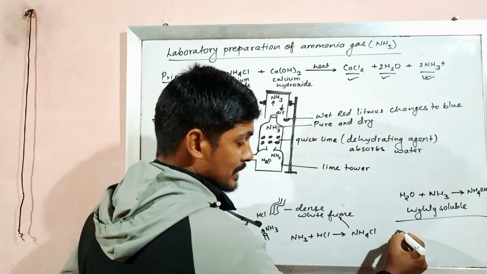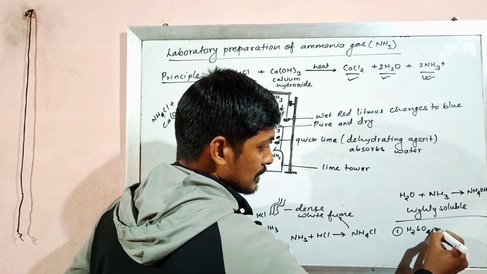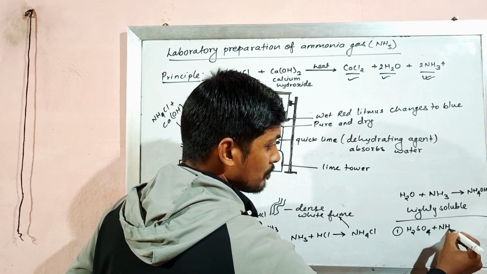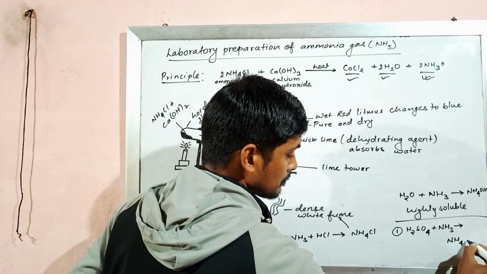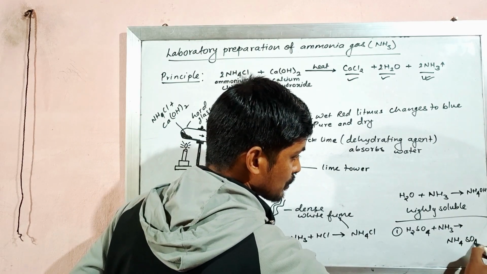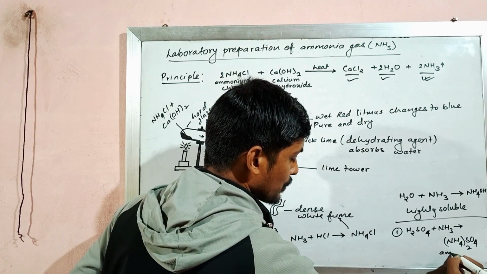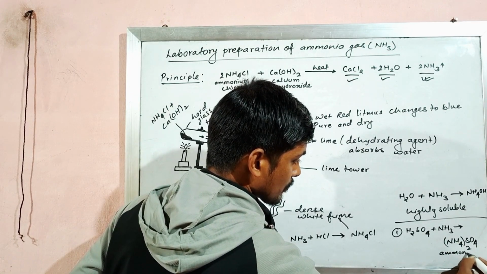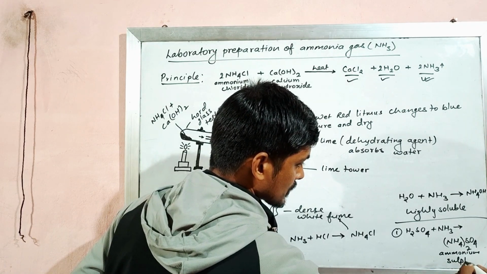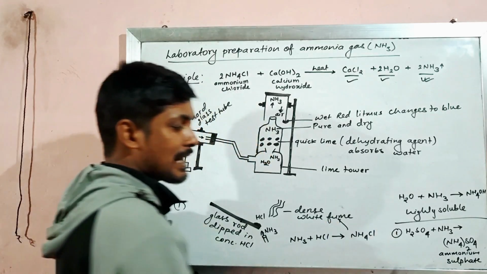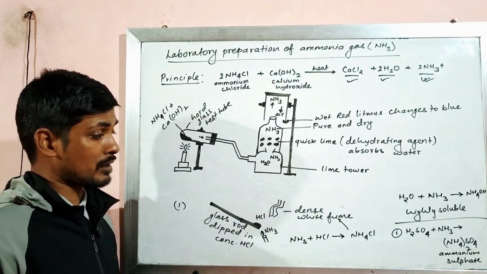Like if it comes in contact with sulfuric acid H2SO4, then it will form ammonium sulfate, which is one of the ammonium salts. Any acid reacting with ammonia produces an ammonium salt.